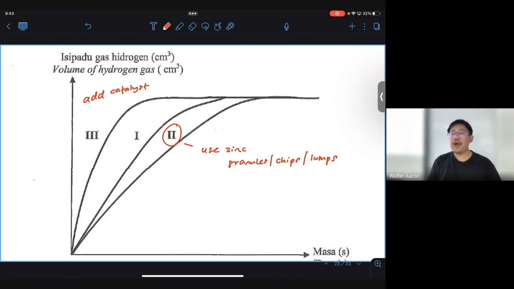For the reaction between zinc and hydrochloric acid, you can add a catalyst, which is copper 2 sulfate. This one can actually work. You can add copper 2 sulfate inside to increase the rate of reaction. You have seen this before in the previous question.